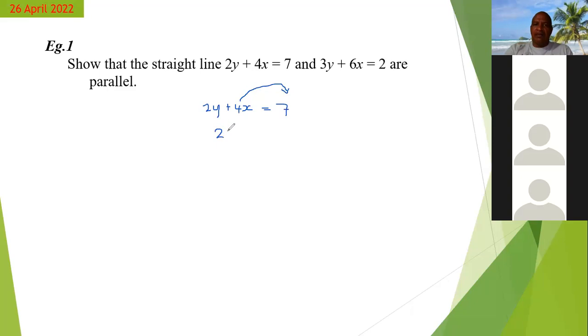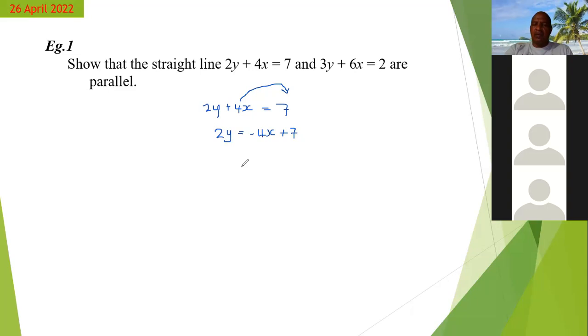So 2y will now equal, when we move this 4x to the other side, negative 4x. We put it first because we want the form mx plus c. So here we would have plus 7 afterwards.